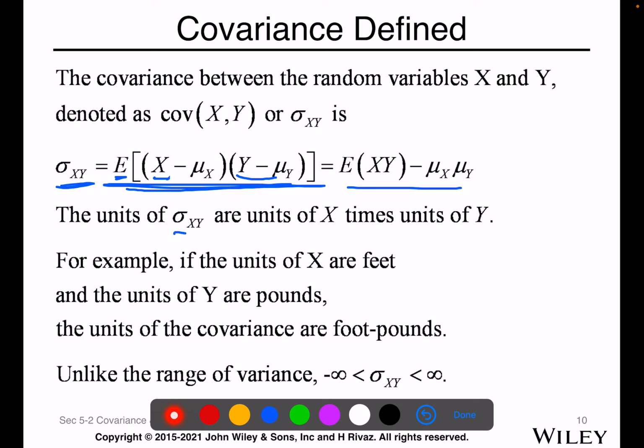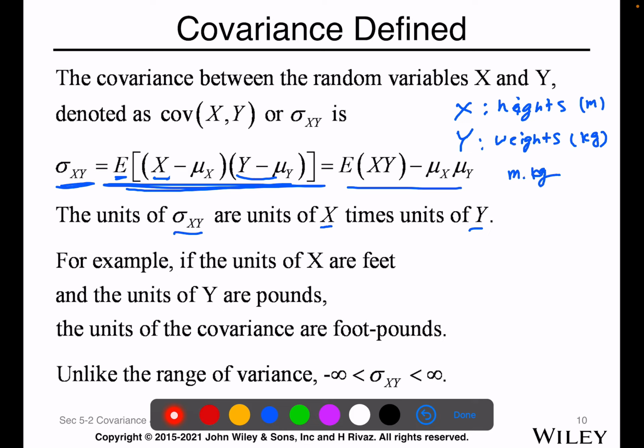And sigma x y has units. The units of sigma x y are the units of x times the units of y. For example, if x is the height of students in this class and y is the weight, and we measure x in meters and y in kilograms, then the unit of sigma x y is going to be meter-kilograms.